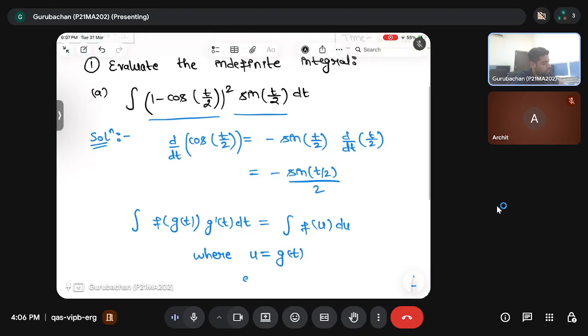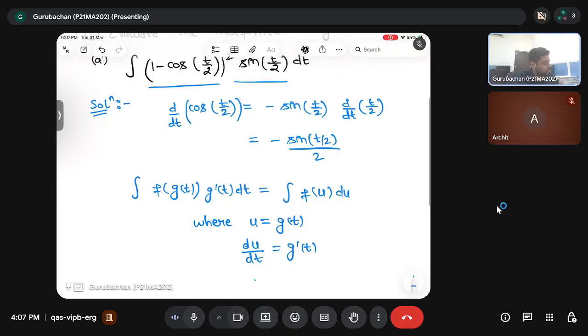Then du by dt will be g dash t, and that g dash t dt can be replaced by du. Understood what the rule of substitution says?